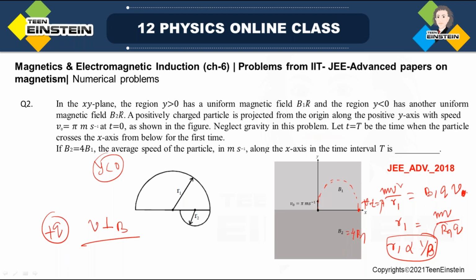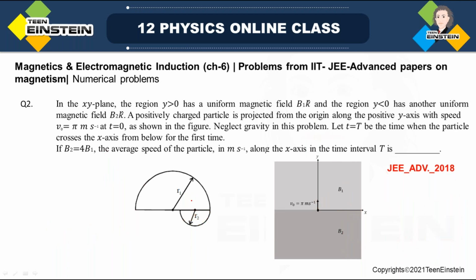The radius of the circular path is inversely proportional to the magnetic field, so it will have a smaller radius. That's how you get two semicircular arcs: one with radius r1, and another with radius r2. So the radii are different.